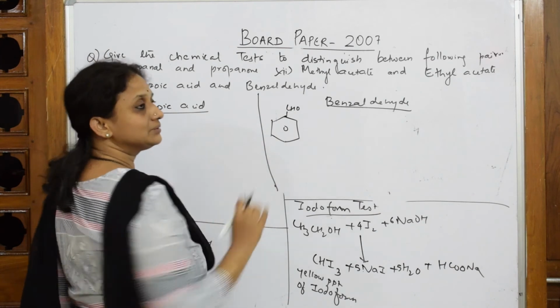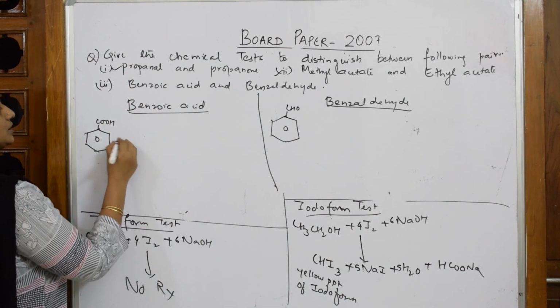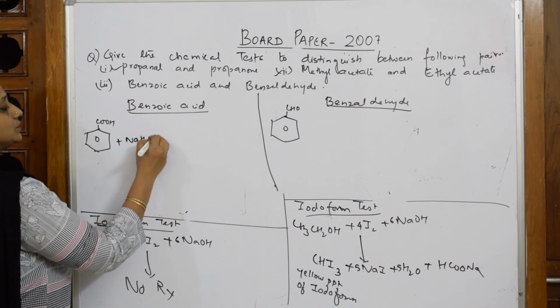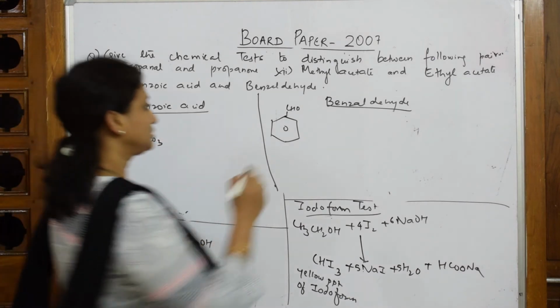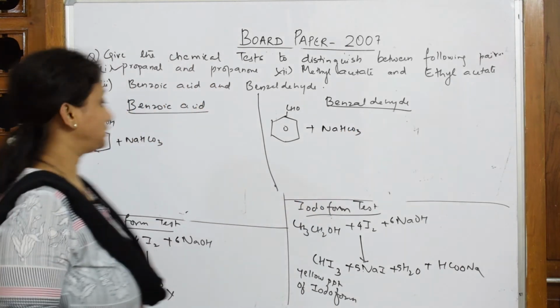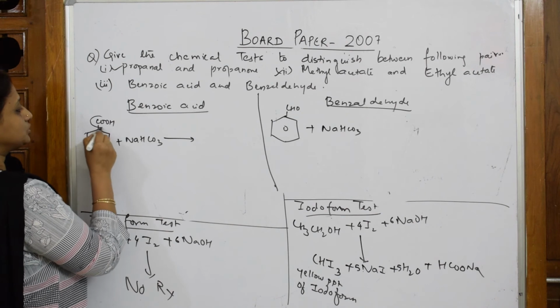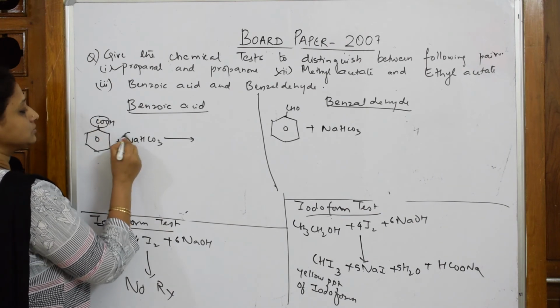Now what simple test? Whenever you see a carboxylic acid, it's easy. You can show the test with sodium bicarbonate, the easiest one. Here again you're going to take NaHCO3, the sodium bicarbonate test. So what does this do? There's a cleavage of the bond here and here.